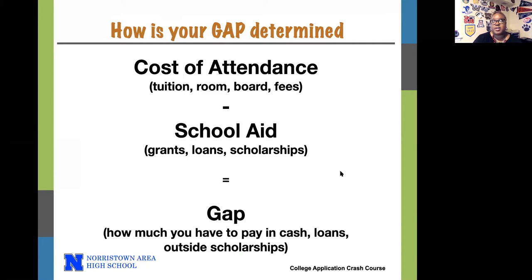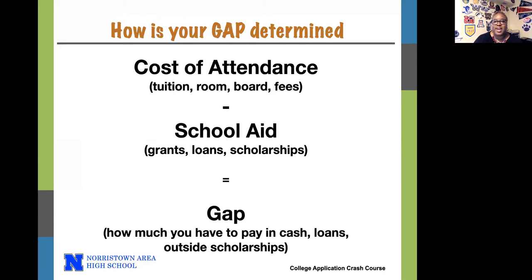So in our session back in May, we went over this slide. So if you were with us before, this is a repeater. When you look at the cost of attendance, that is tuition, that's how much the education costs. The room, that's where you're staying. The board, that means eating, and fees. So that is the cost of attendance. And just remember that that cost is a sticker price.